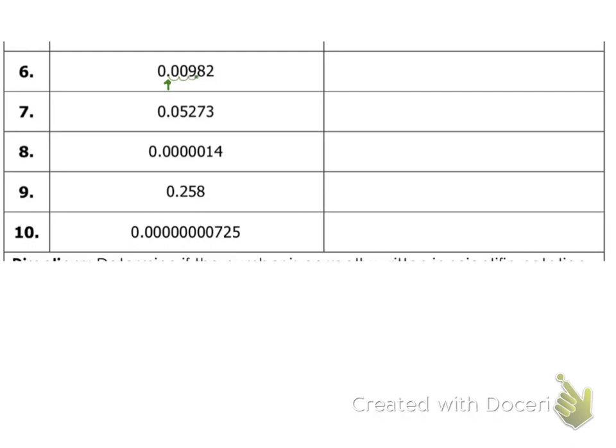We have to put it in between the 9 and the 8. Now we're going to multiply by a power of 10, but notice 9.82 is now actually bigger than the original number. So we need to make 9.82 smaller. When we moved that decimal point, we made the number bigger by a factor of 1,000, so it's like multiplying it by 1/1000th.